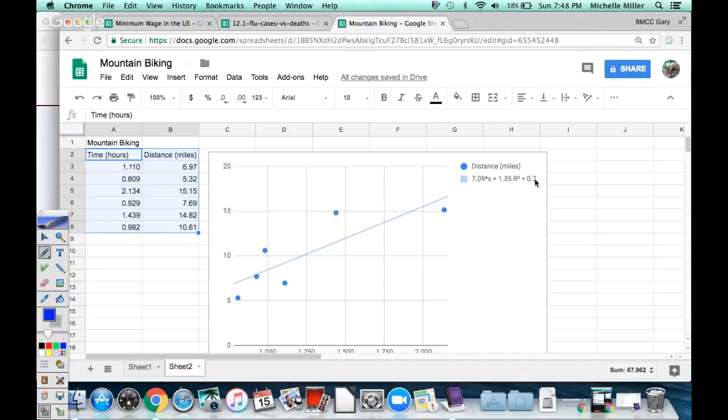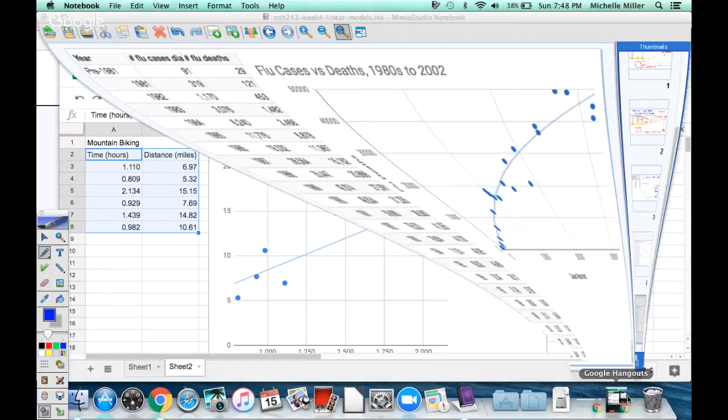And then it also says that R squared is 0.7, which is the percent that the independent variable predicts the variation in the dependent variable. So my independent variable is the time, my dependent variable is the distance. All right, so what does that mean? Let's write that down, do a quick interpretation, and then we're done for now.